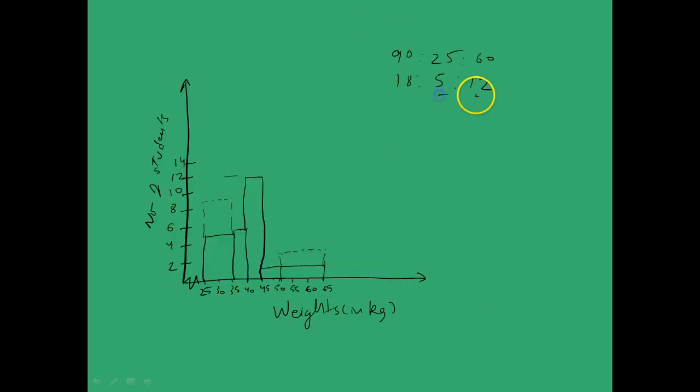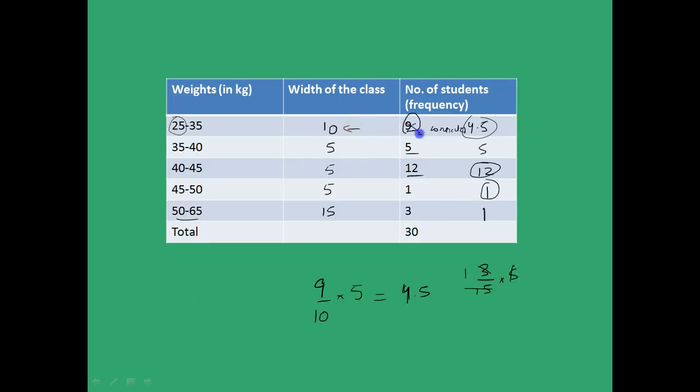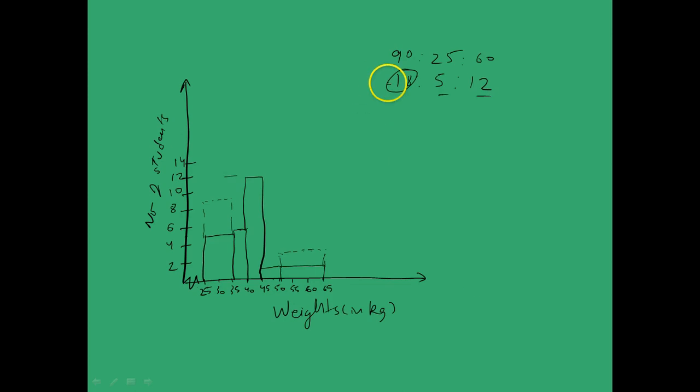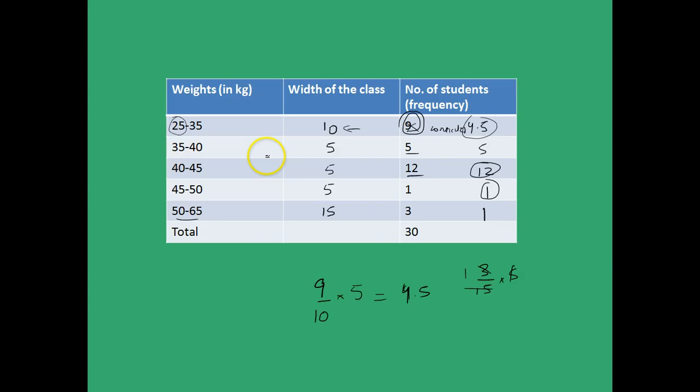The ratio between these is correct, but the corresponding ratio of this is exactly double the actual frequency. So the frequency that you would get by not normalizing is actually wrong, and therefore we need to correct for changes in class width, and that's why we do it. So this is histograms with non-uniform width.